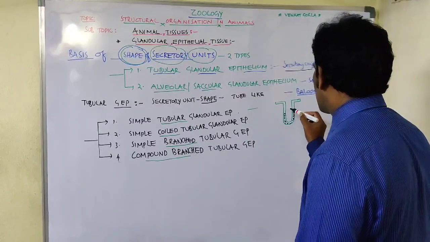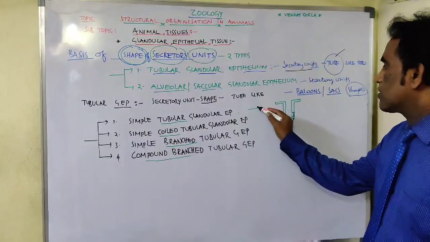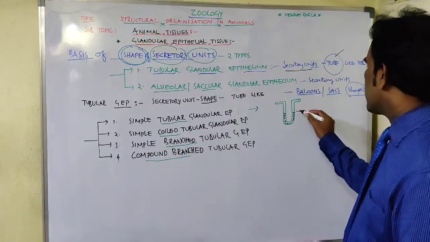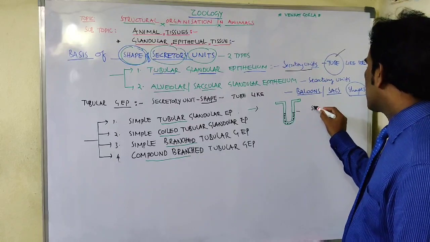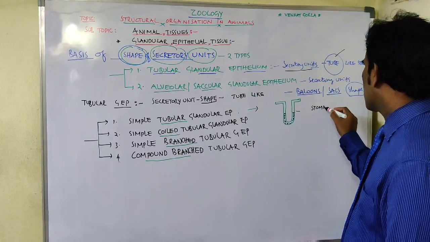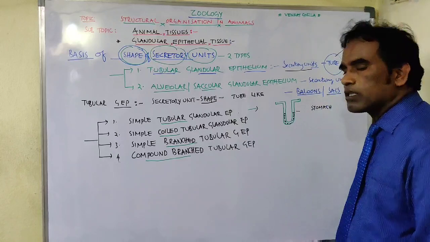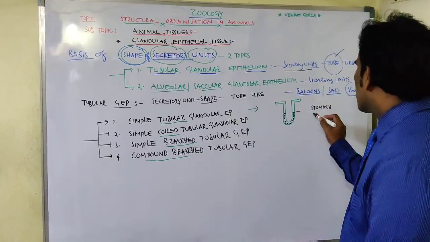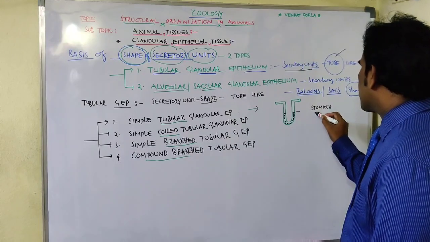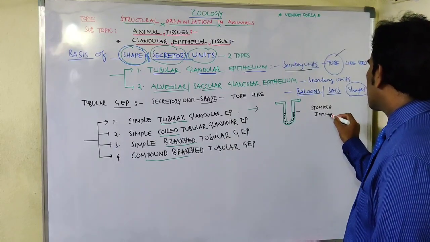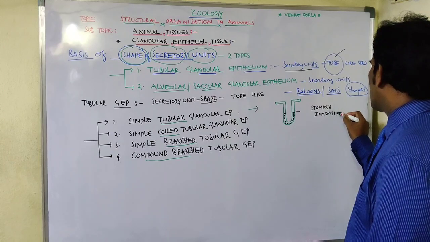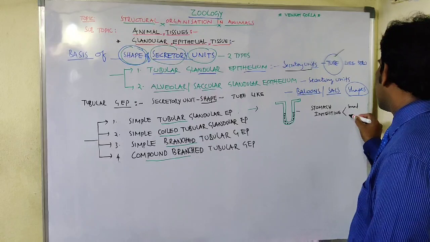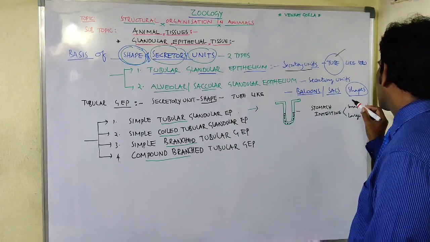Its location is the stomach, the crypts of Lieberkühn and glands of the stomach, and the small intestine and large intestine.